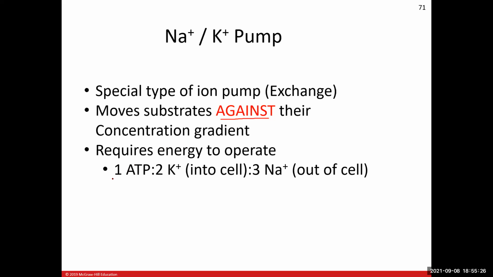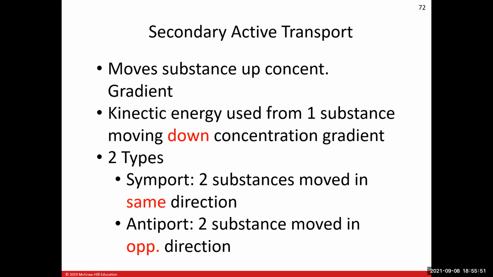So for every single ATP molecule that this pump utilizes, it's responsible for moving 2 potassium ions into the cell and 3 sodium ions out of the cell. Every time. This is happening all the time as we're sitting here. It's going on nonstop. So the ion pumps are a form of primary active transport.